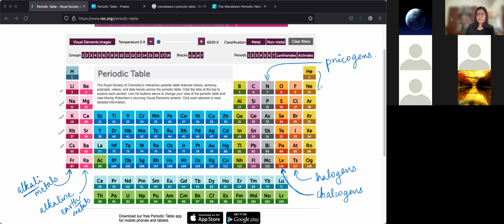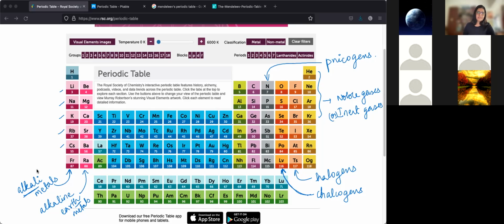And group 18, you know, is noble gases or inert gases. Special names. So these are the 5 common names.